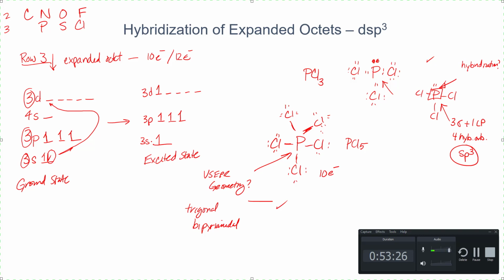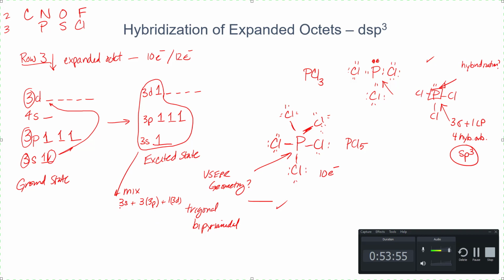So now what am I going to do? Now I'm going to say, you know what? I'm going to mix these orbitals. I'm going to mix the 3s, the 3p orbitals, and 1 3d orbital.